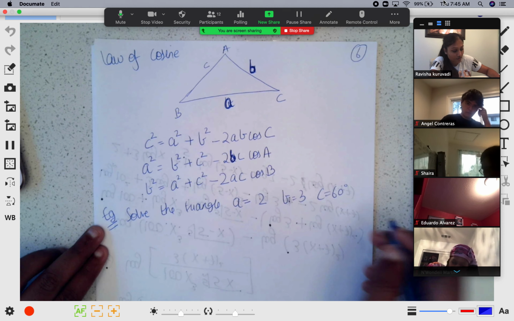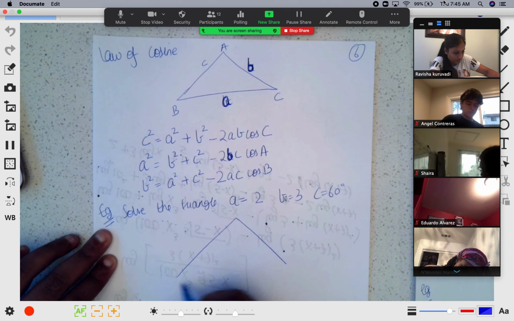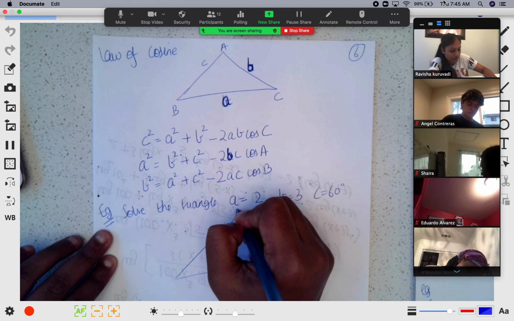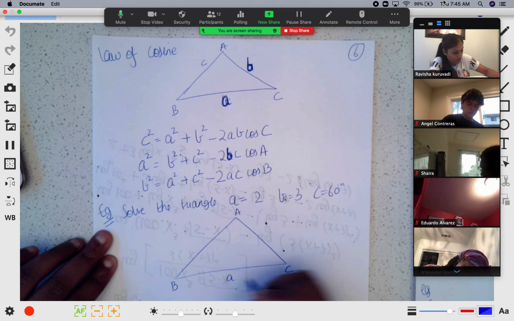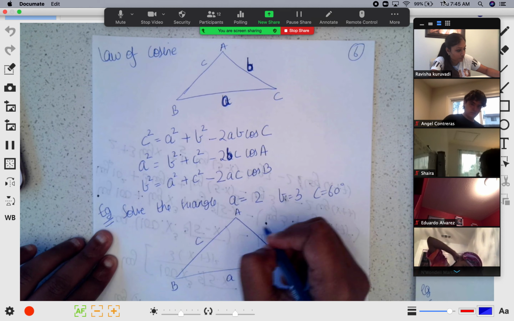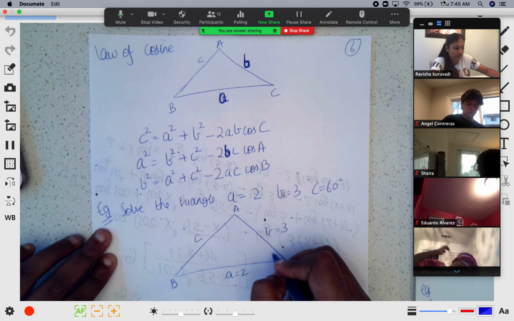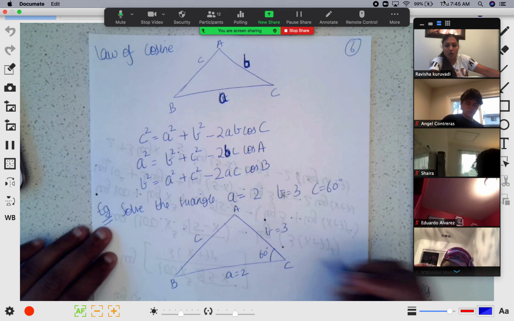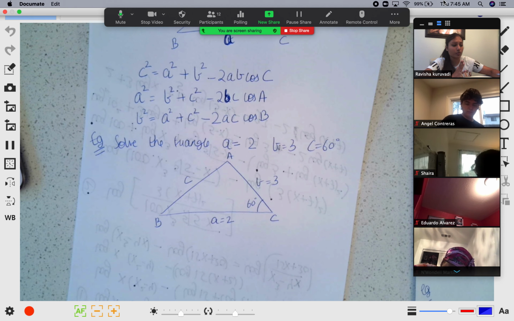So you're given this triangle A, B, C. This is your A, this is your B, and this is your C. You're given this as 2, this as 3, and this as 60. You have to find all other values for this triangle. They don't say which formulas to use. They just want you to find the value of A, C, and B.